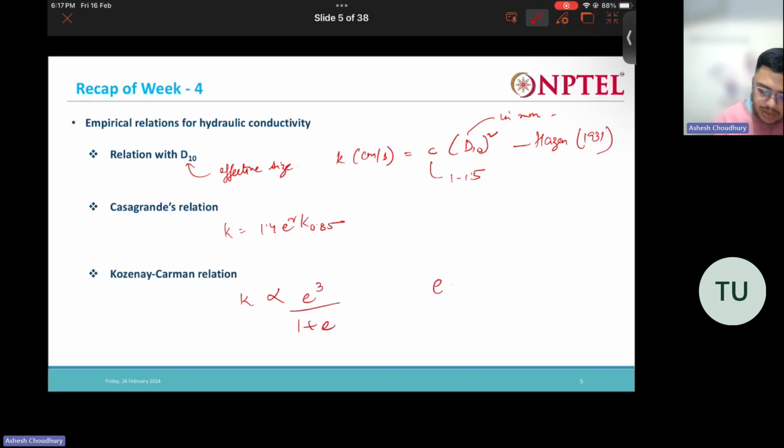So you can see that if the void ratio increases, K is also going to increase. Obviously, a void ratio increase means that, say for sand, the soil is loosely packed, loose sand. So if e is increasing, the soil is becoming loose, and obviously the water is going to pass through it easily. So if e is increasing, K is also increasing.